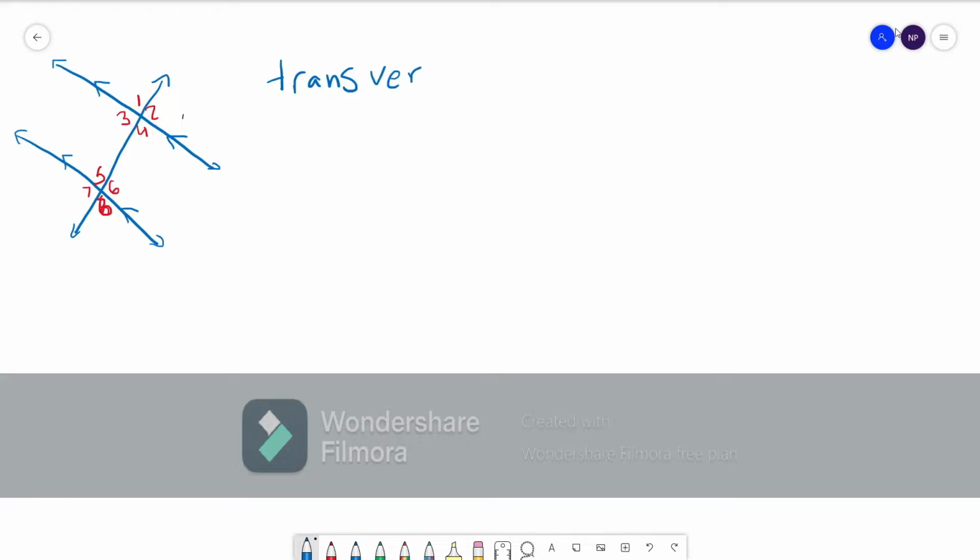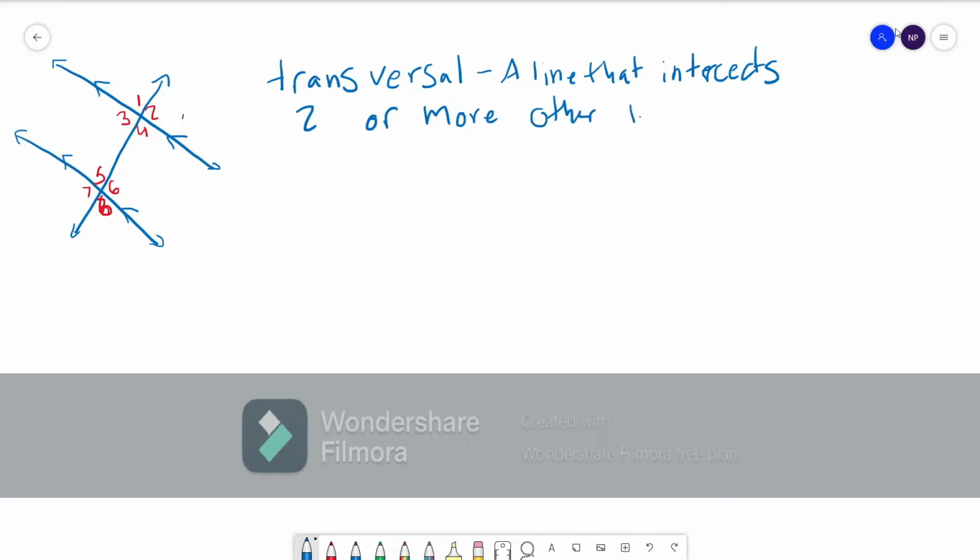transversal, and the definition of it is pretty much a line that intersects two or, that's supposed to be, or more other lines at distinct, that's not how you spell distinct, whoops, I got this, don't worry, distinct points, right?